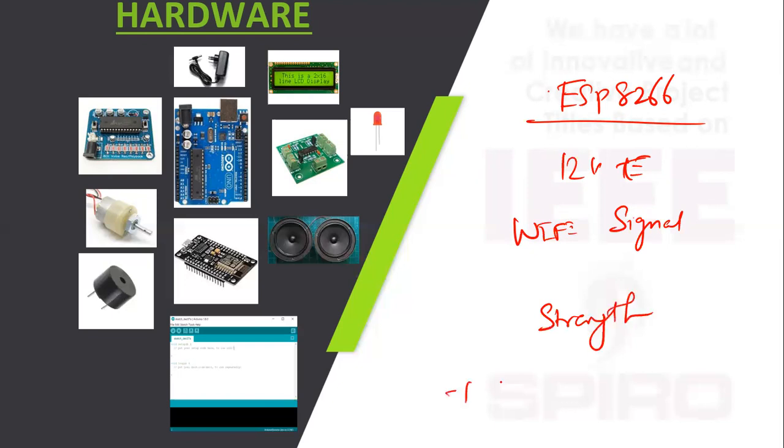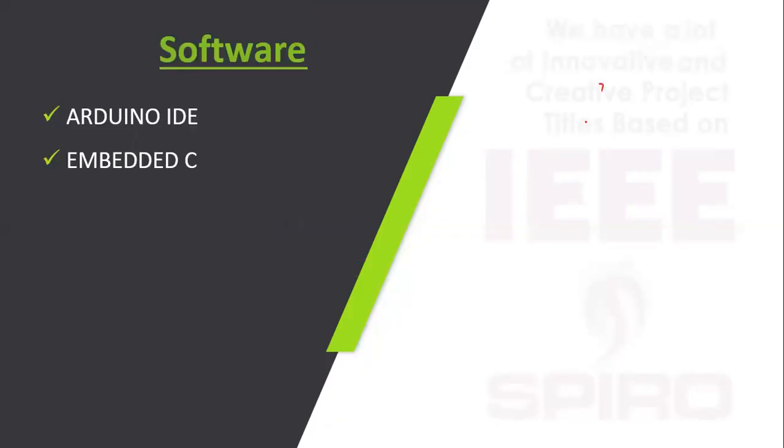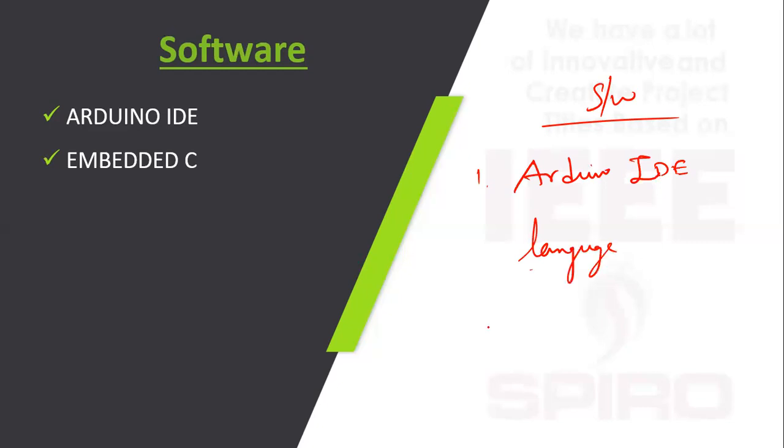The supporting voltage is plus 5 volt DC. Next is the software requirements. Here we are using the Arduino IDE for coding, and the programming language used is embedded C. Embedded C is the C language plus accessing of hardware.